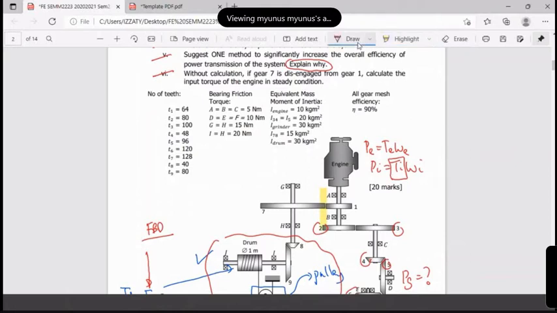Okay, so what does the question say? Calculate the input torque of the engine in steady condition. What does it mean, steady condition? This means A equal to 0 or perhaps alpha equal to 0. It doesn't matter which A and which alpha.